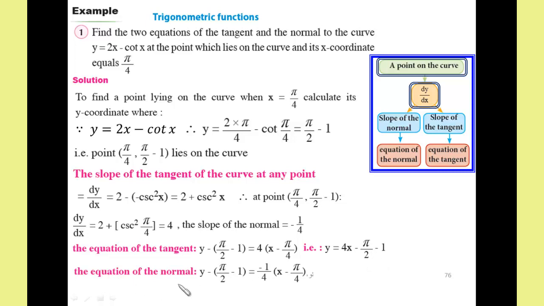The equation of the normal: y minus the y coordinate equals the slope of the normal, negative 1 over 4, multiplied by x minus pi over 4, and the simplest form will be y equals negative 1 over 4 x plus 9 over 16 pi minus 1.